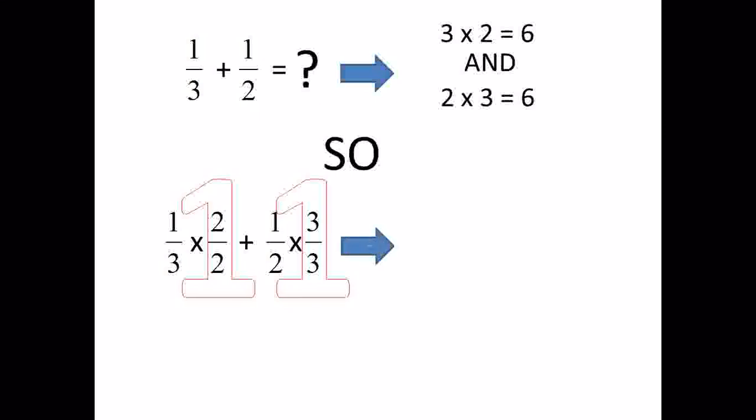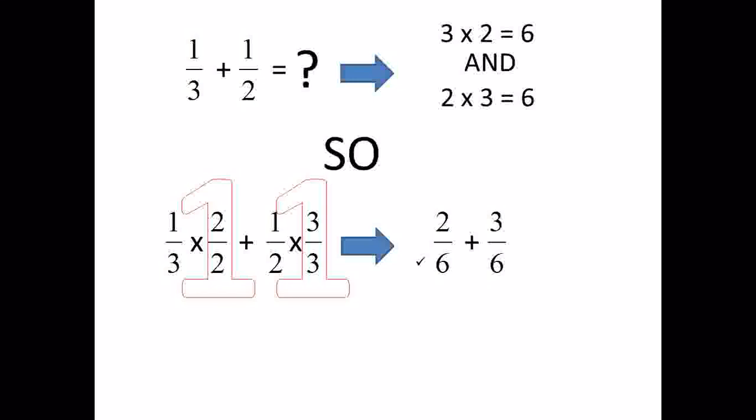And what's this going to give me? This is going to give me 1 times 2 equals 2, divided by 3 times 2 equals 6. Now I'm adding. 1 times 3 equals 3, divided by 2 times 3 equals 6.